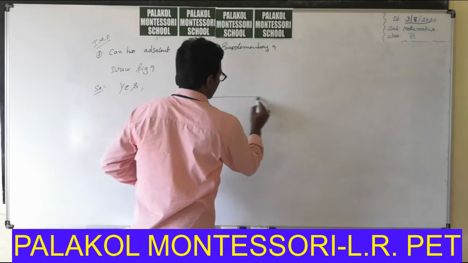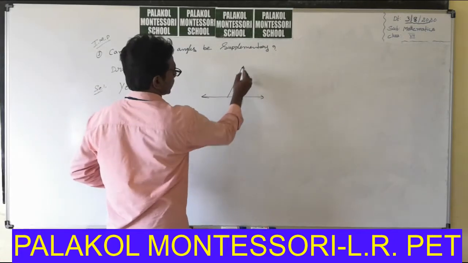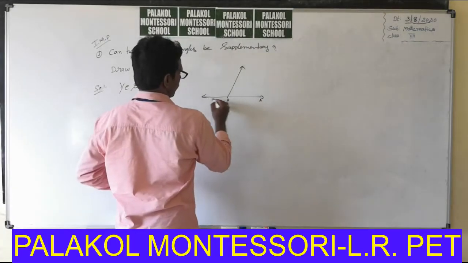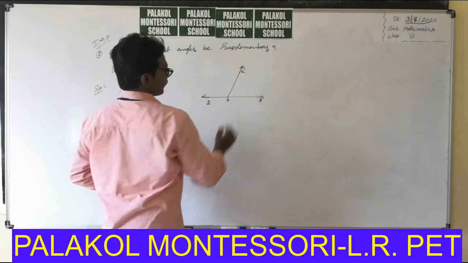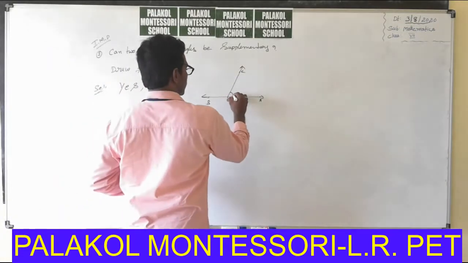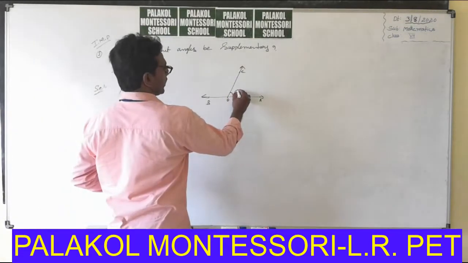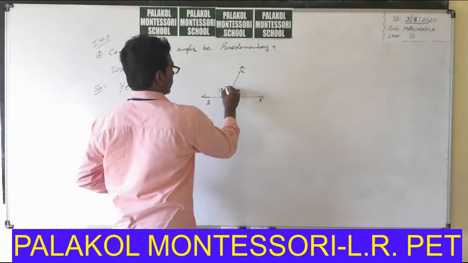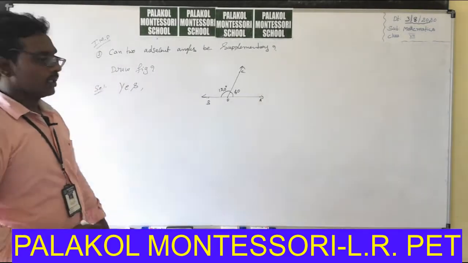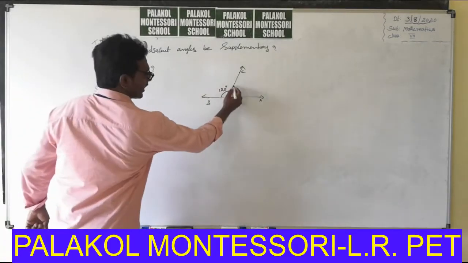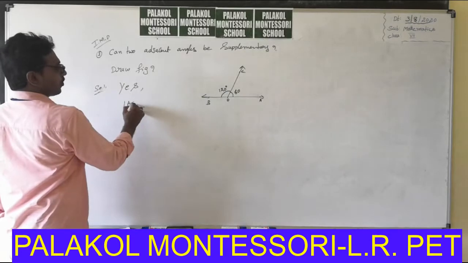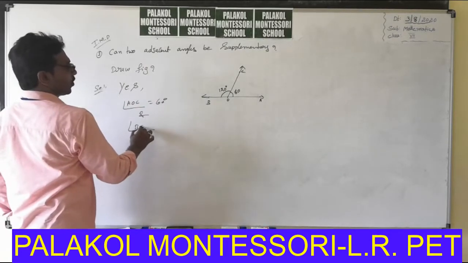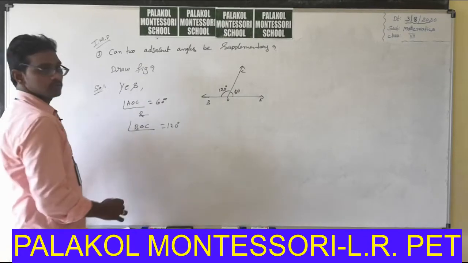Suppose I draw one figure. This is A, O, B, C. Suppose this one is equal to 60 degrees, and this one is equal to 120 degrees. See this: angle AOC is equal to 60 degrees and angle BOC is equal to 120 degrees.